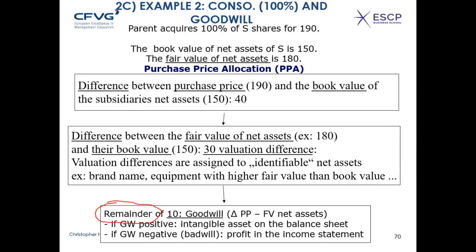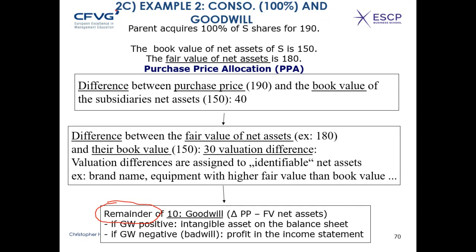Don't get fooled. Obviously, goodwill in terms of amounts is usually a very important item. For example, in France, the leading stock index is called CAC 40, the 40 biggest companies. On average, goodwill is 25% of the balance sheet.